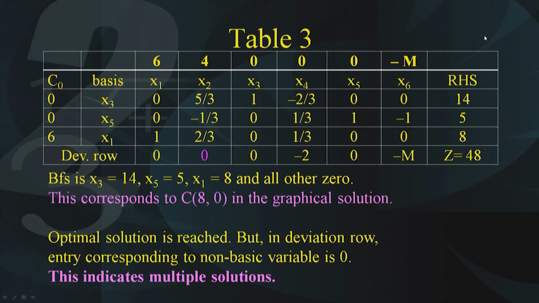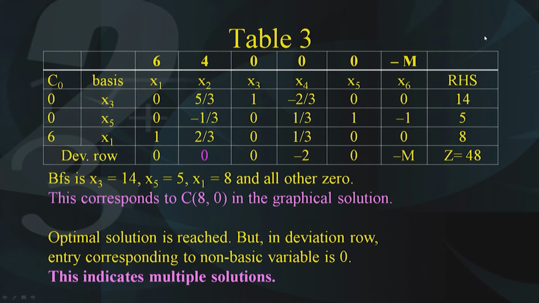That is what it says in the bottom line: the optimum solution has been reached, but in the deviation rows the entry corresponding to a non-basic variable is 0, and this is an indication that the problem has multiple solutions.